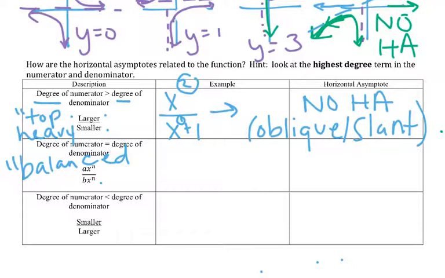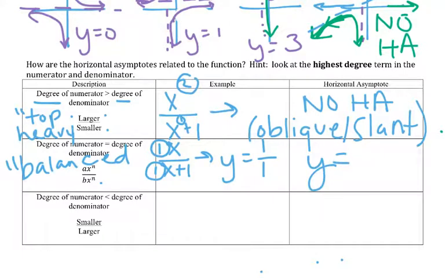If we had x over x plus 1, we look at the coefficient, the a value and the b value. The coefficient here is 1. So y is going to equal 1 over 1. So our line is y equals 1. Your horizontal asymptote here will always be your a over your b value. A is the coefficient in your numerator, and b is the coefficient in your denominator.